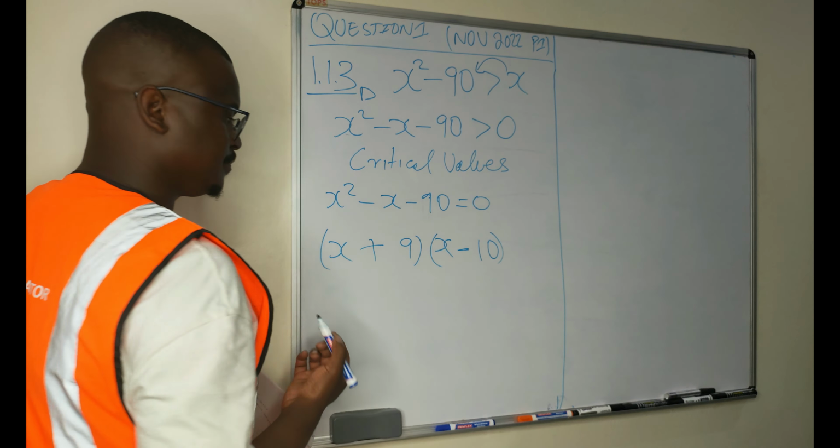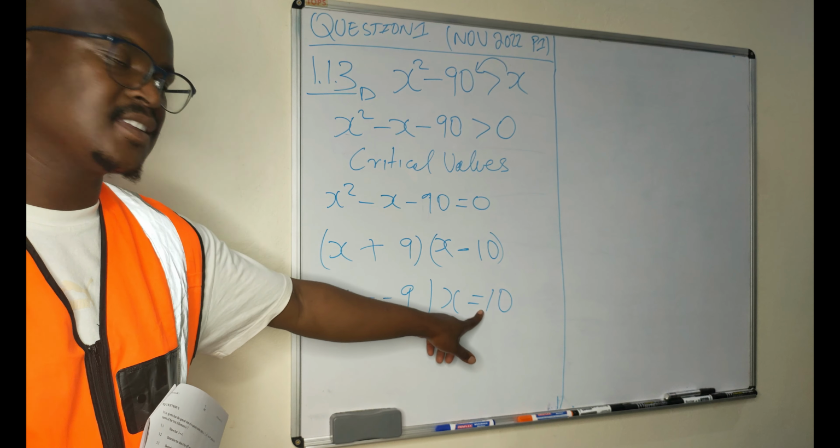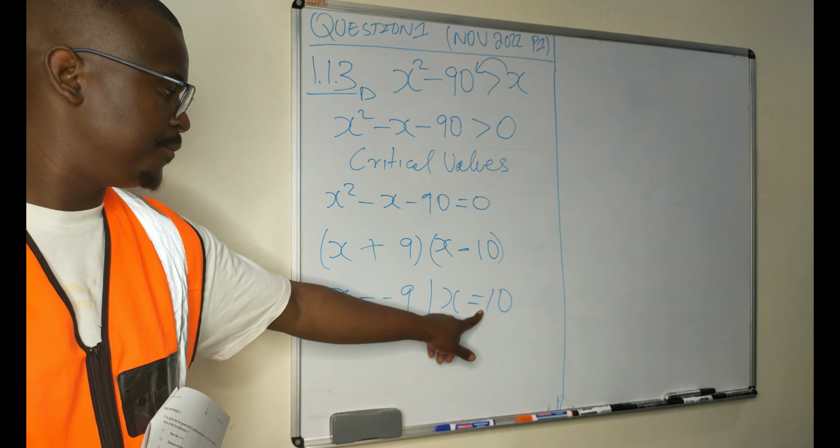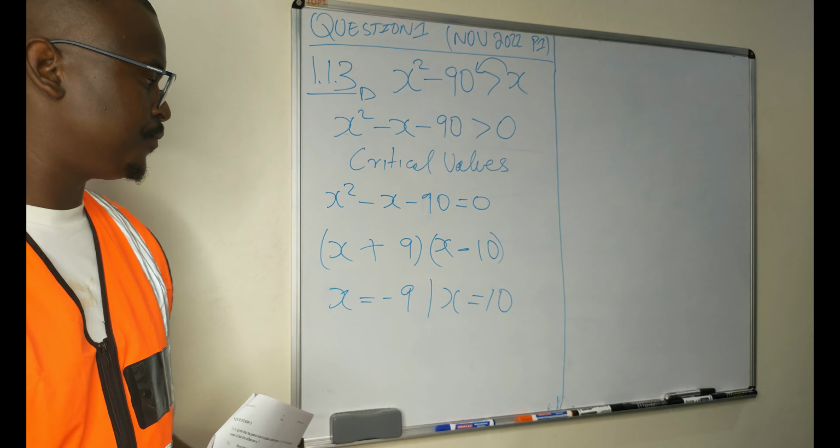So your critical values are x is equal to minus 9 and x is equal to 10. But you want to find the set of x values that will satisfy this equation, or equivalently this one, because these are equivalent.